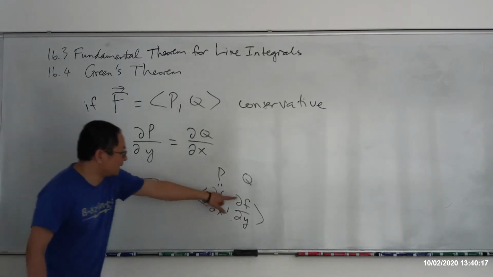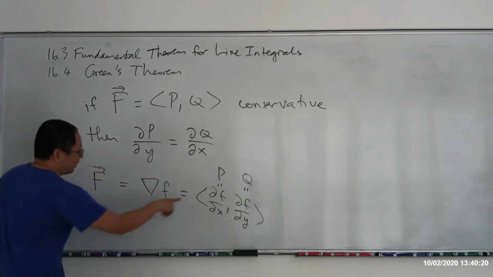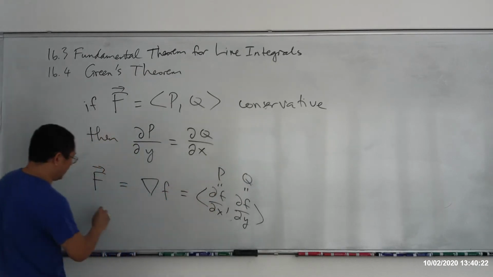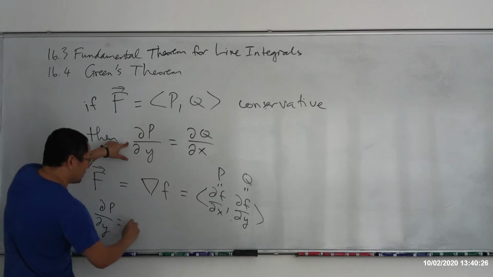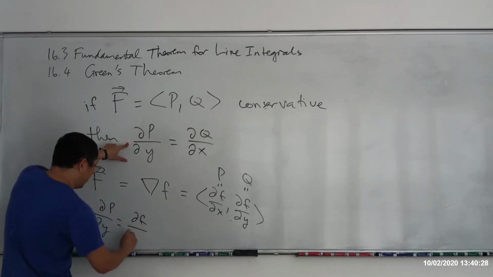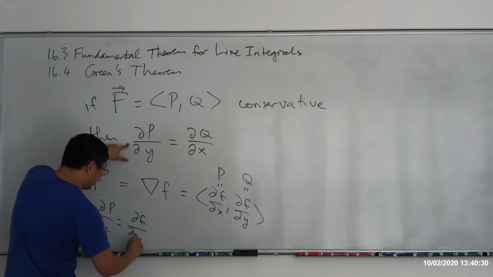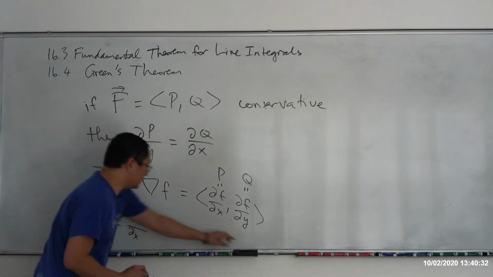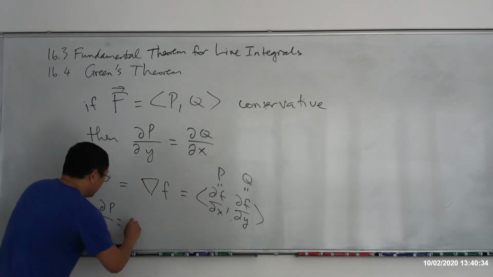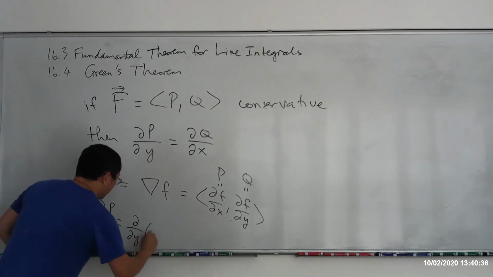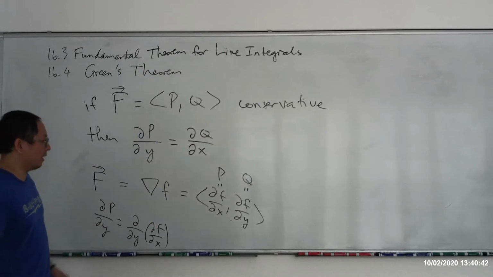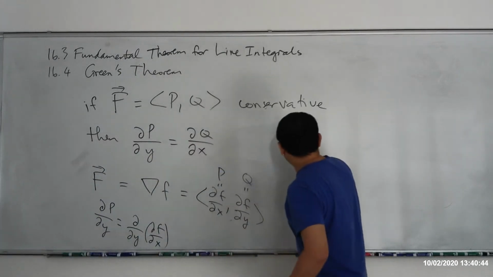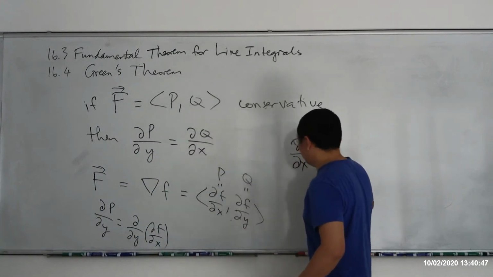So if this happens, then you differentiate P with respect to y, dP over dy, and calculate this as well, which is df over dx, then differentiate with respect to y. d over dy of df over dx. The derivative of this with respect to y is dP over dy. And dQ over dx, this is Q, right?